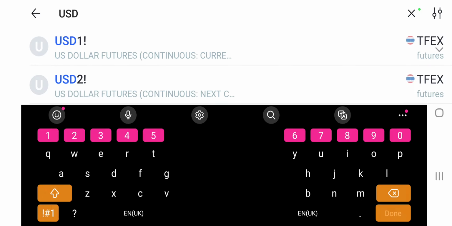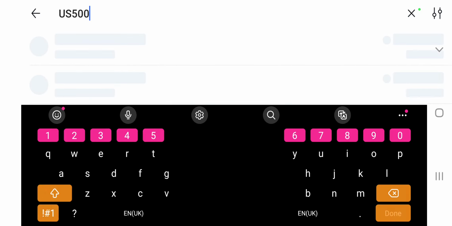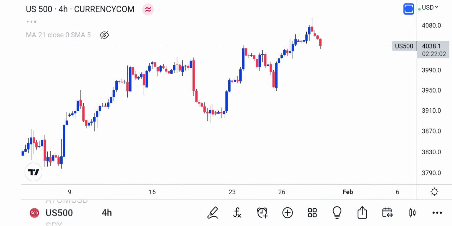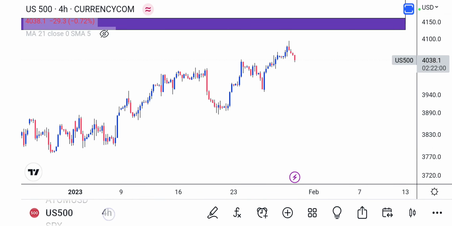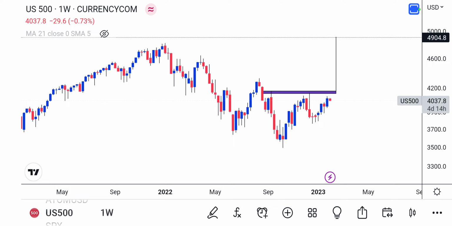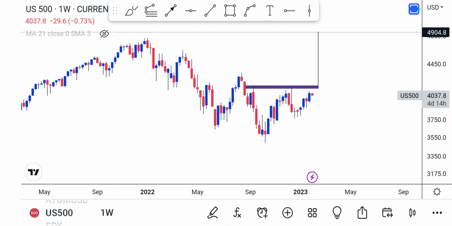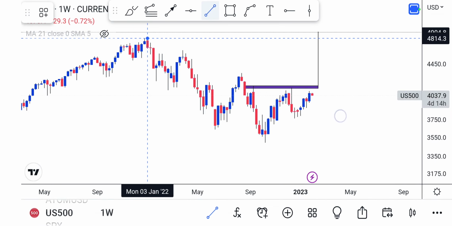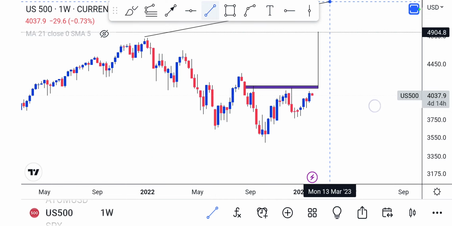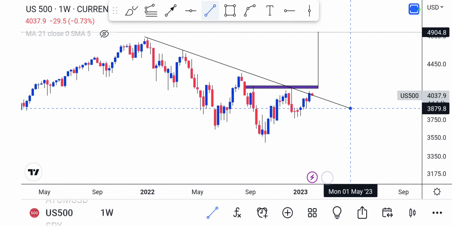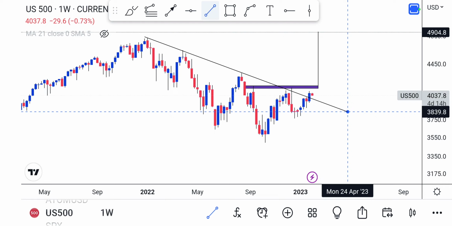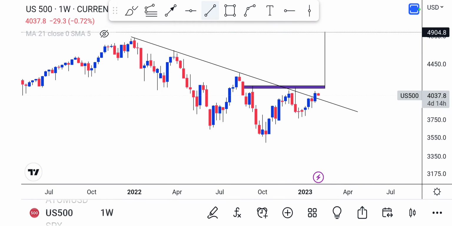US 500, just like the XY. As usual, I'm still looking at this chart pattern that has been forming for some time. So we need to be very careful here.